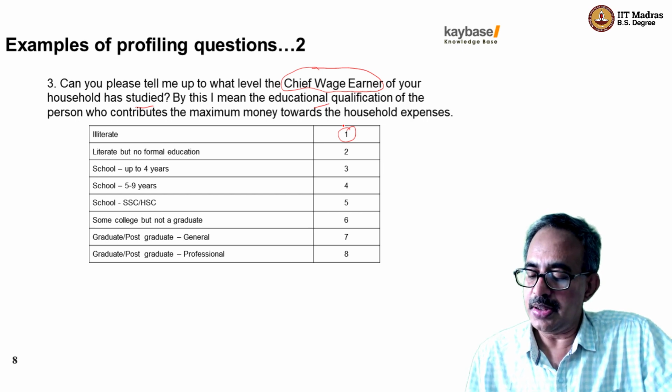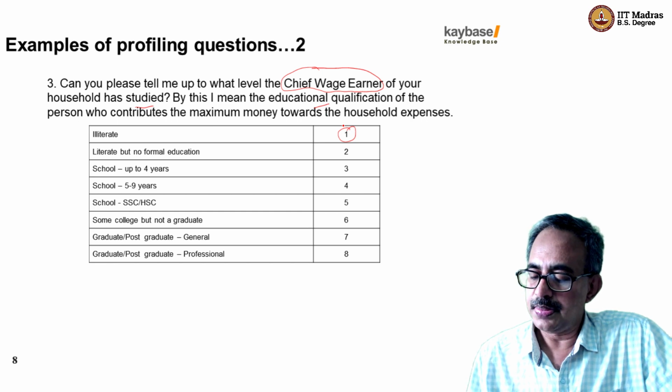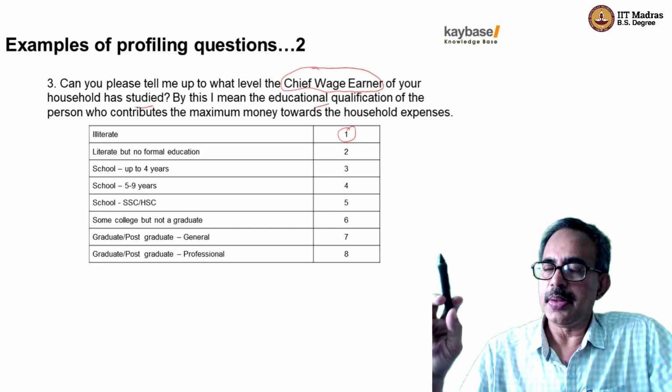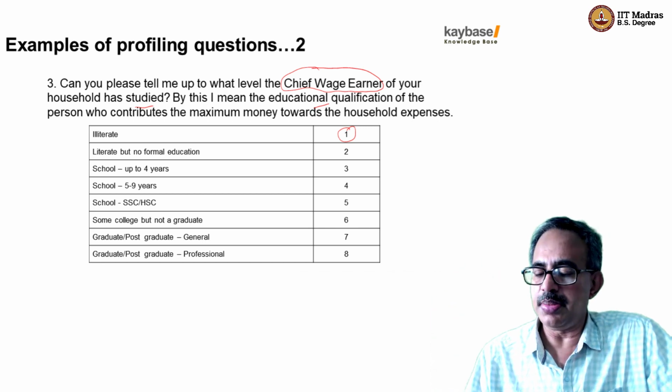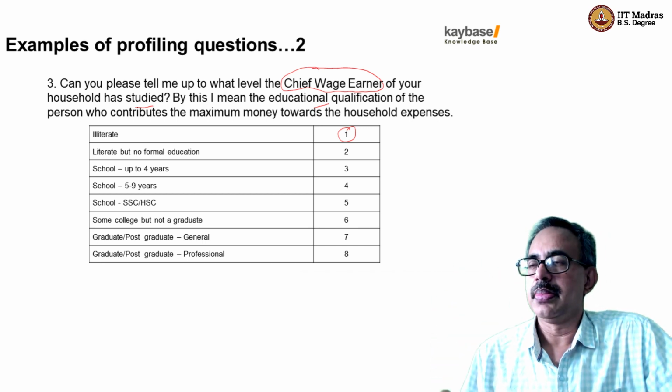Yes, so can you remember what the chief wage earner definition is? The person who contributes, the person's salary will be spent for groceries. Yeah, you started perfectly. You have understood it. You have to articulate it better and loudly.